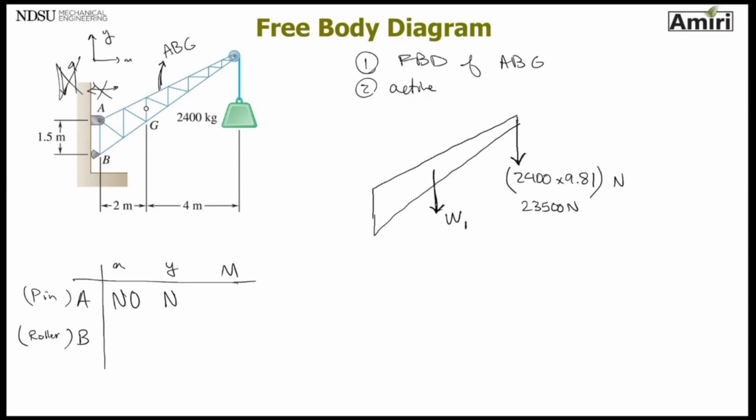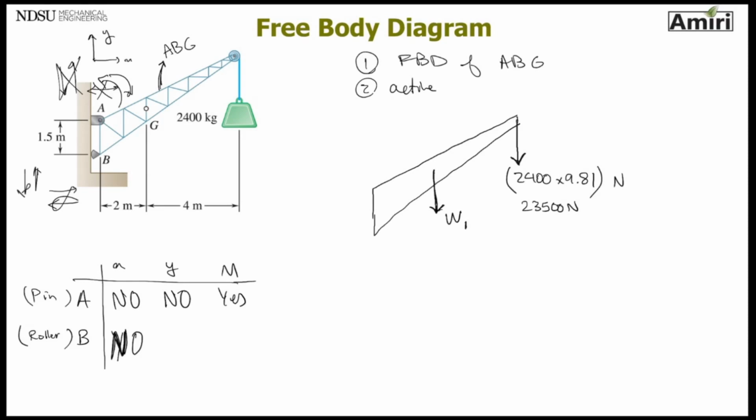No. Does it rotate about point A? Yes. So clockwise or counterclockwise? Yes. Point B, does it move in X or Y? Well, it probably can go to the right, but it can never go to the left. The wall will stop it. So any restriction in that? Oh, sorry. I have to say no. Doesn't move that way. Can it move up and down?